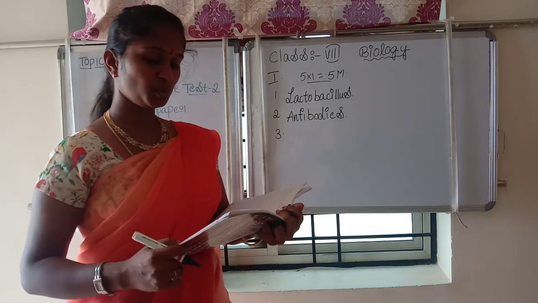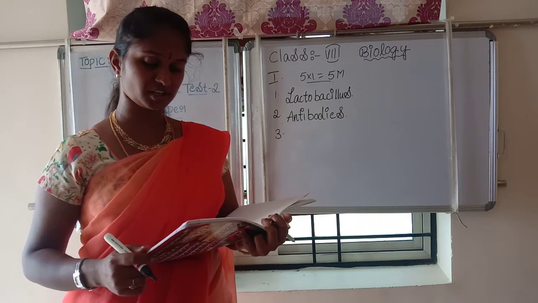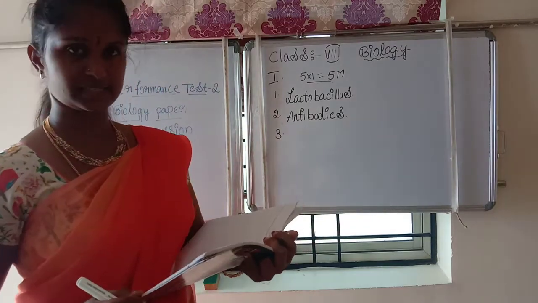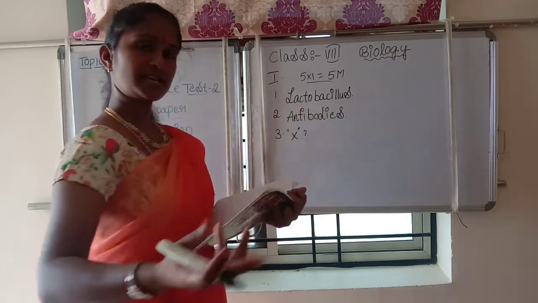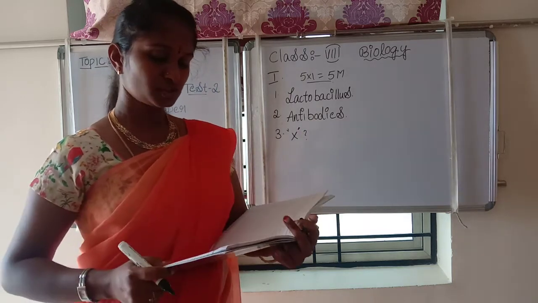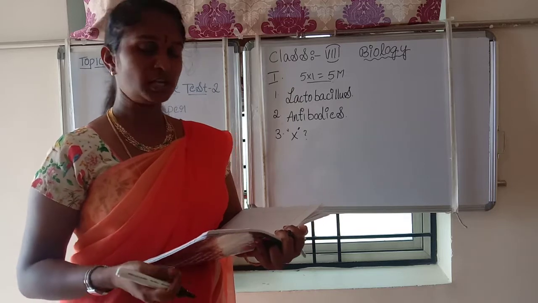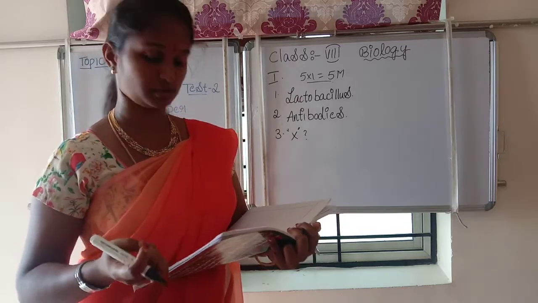And next, the third one. Guess who am I? I am the carrier of the Plasmodium vivax parasite and cause the disease X. So guess me, X is asking you, and you should tell the disease also.